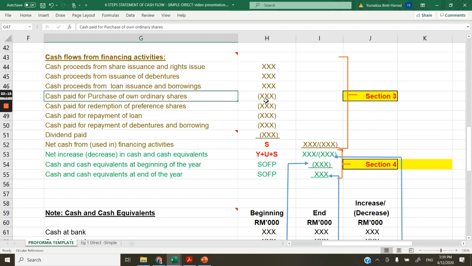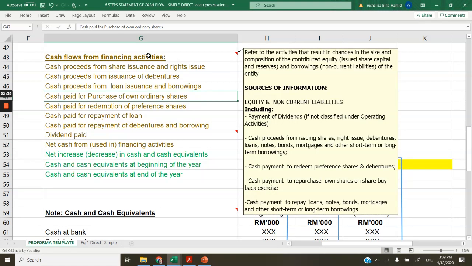So whatever you credit to your cash account, or you debit to the opposite account, that would be your cash outflow, cash payment. This is what we are looking for. And cash flow from financing activities, as I said, is focusing on the changes in the non-current liabilities and equity.